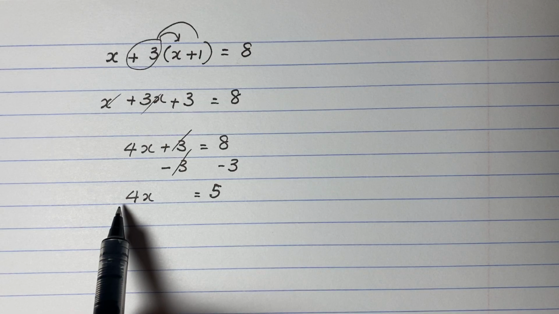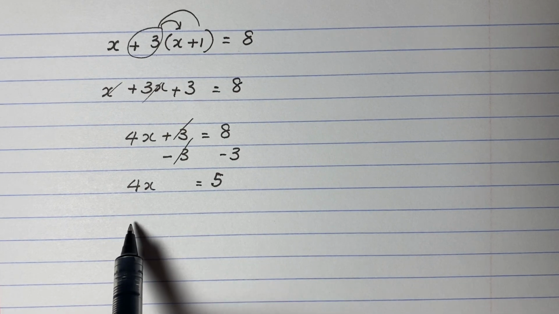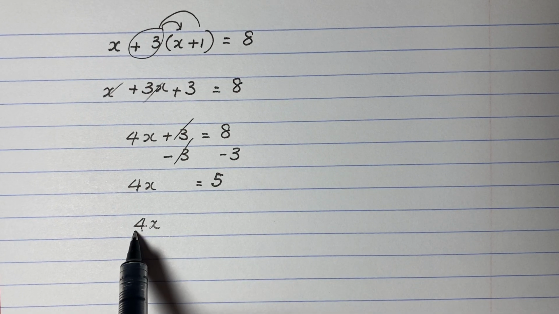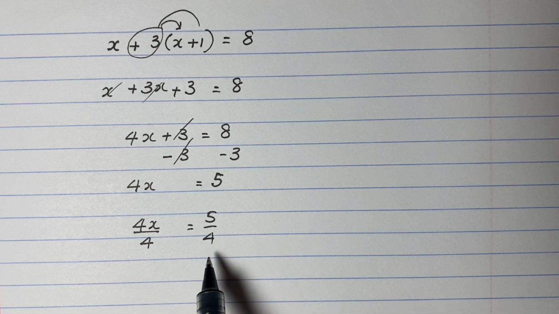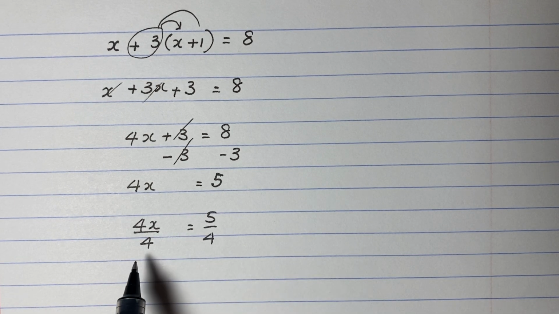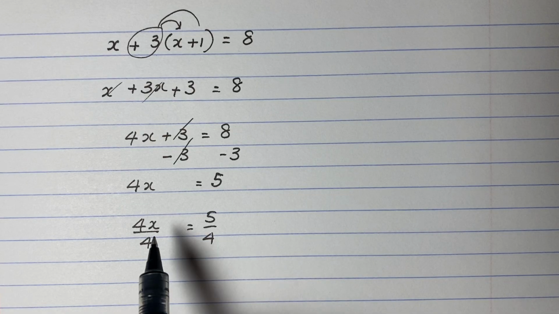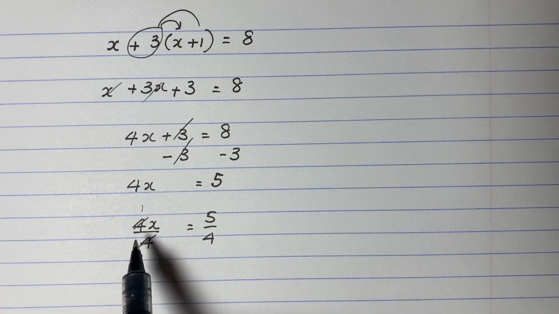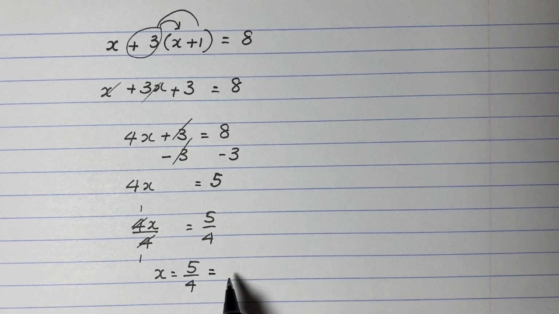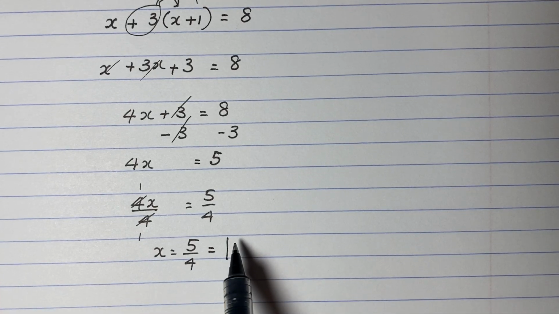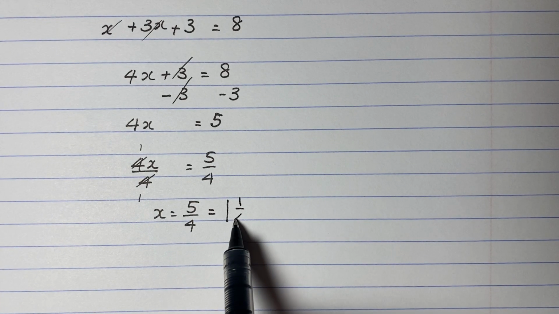Now we've got to get rid of 4. 4 is multiplied by x. To undo times, we divide both sides by 4. So I wrote the previous line and divided both sides by 4. So x equals 5/4. You can change it to mixed number by 1 and 1/4.